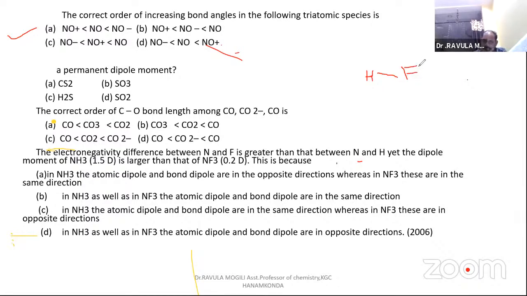Fluorine is more electronegative than hydrogen. Is it right? Yes or no? So the bond pair of electrons moves towards fluorine. The fluorine gets a partially negative charge. Hydrogen has less electron density, so it gets a partially positive charge.